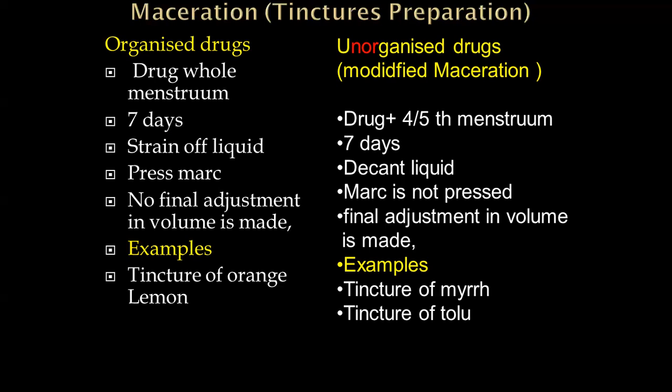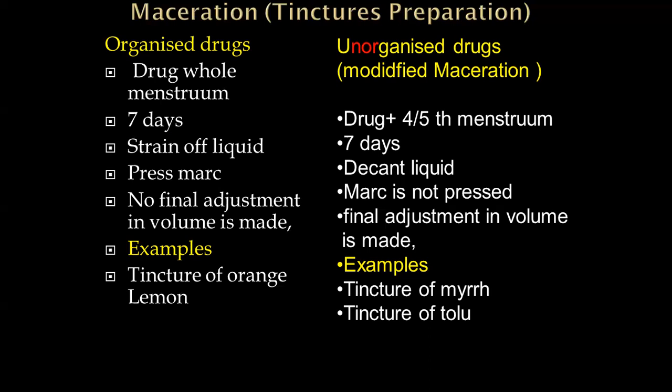And in this process, you can go for filtration or just decantation, just tilting the container so that, without disturbing the sediment, you can collect your extract alone, or else you can go for filtration. The difference compared to organized drug is that the marc should not be pressed. Since the unorganized drug doesn't contain a well-defined cell structure, it won't retain the menstruum or the solution within its spaces.